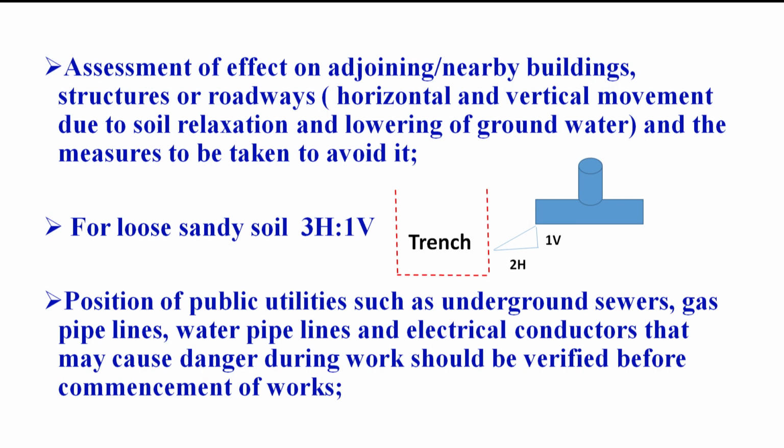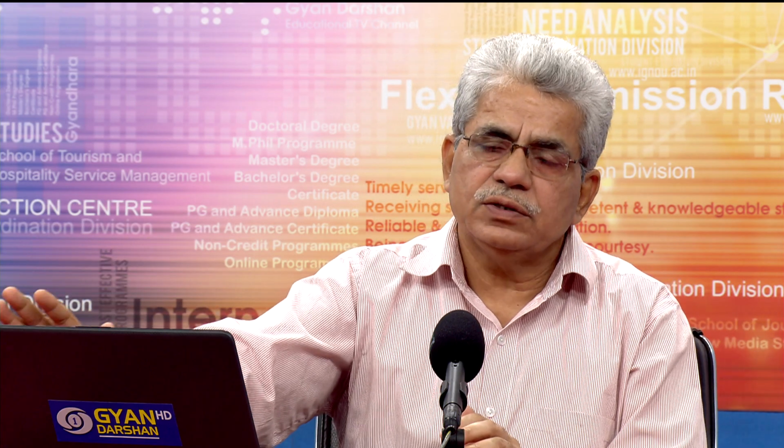So we have to worry about adjoining structures, any building, any roadways, and we have to worry about horizontal and vertical movement due to soil relaxation and lowering of the groundwater. Because when we are excavating, the soil which is in our property is giving support to the adjoining structure also basically.